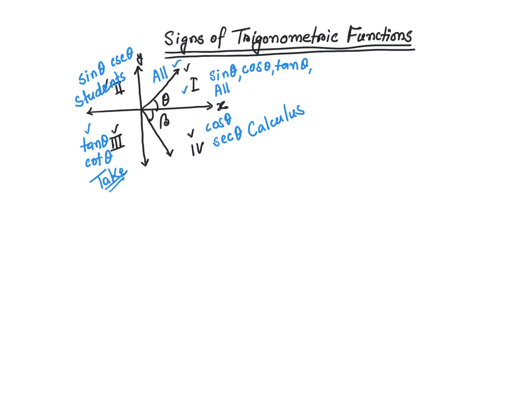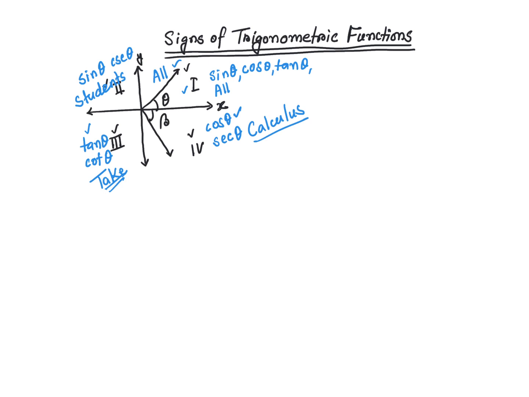And last one, calculus, C: cosine of theta and its reciprocal secant theta are going to be positive. Other than that, everything else is going to be negative. So all students take calculus. That should help you remember the signs of these trig functions depending on where the theta lands.